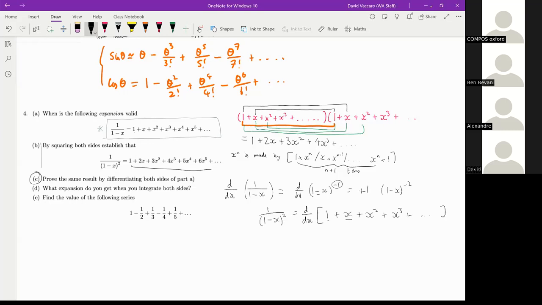Well, the 1 differentiates to 0, the x differentiates to 1, the x squared differentiates to 2x, the x cubed differentiates to 3x squared, the x to the 4 differentiates to 4x cubed, and I get the same series expansion that I got above when I squared the brackets.